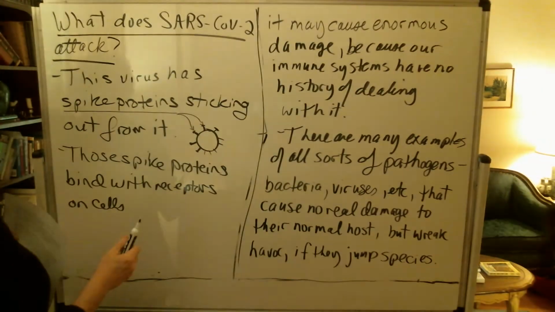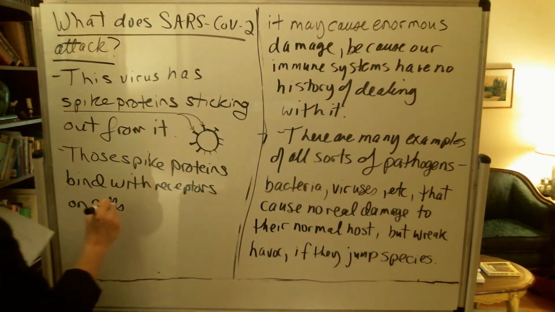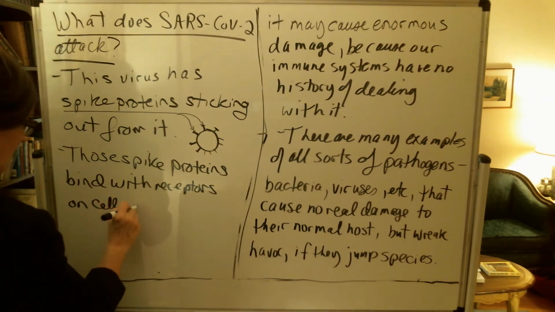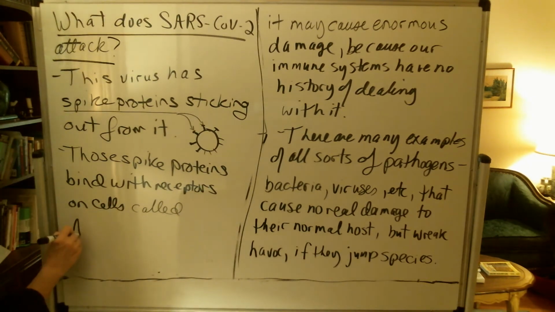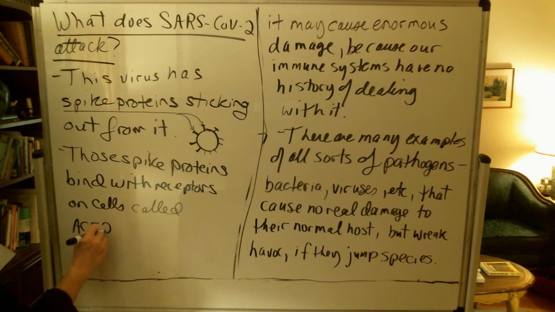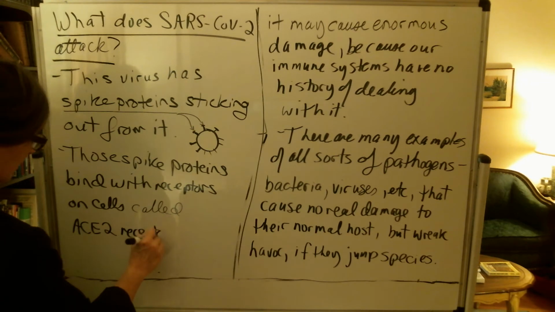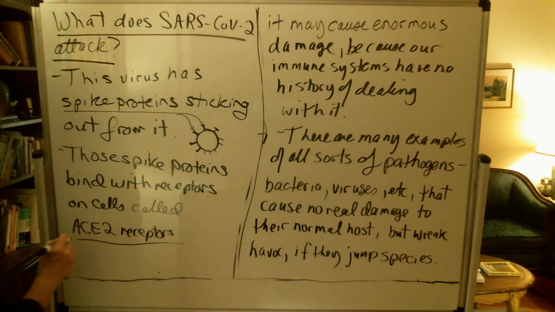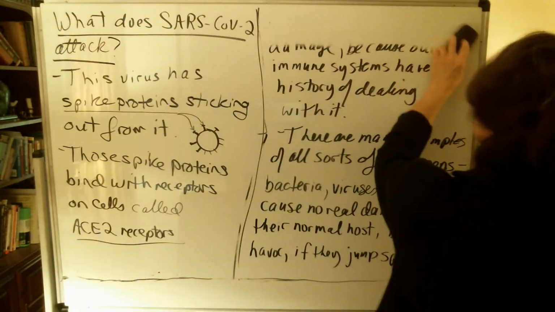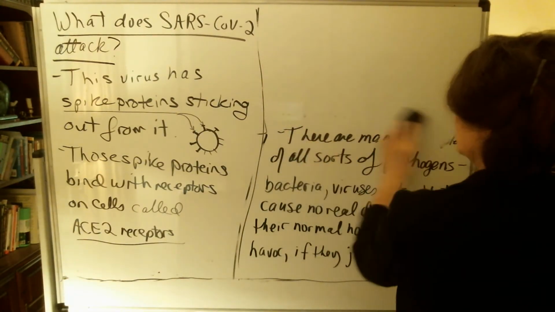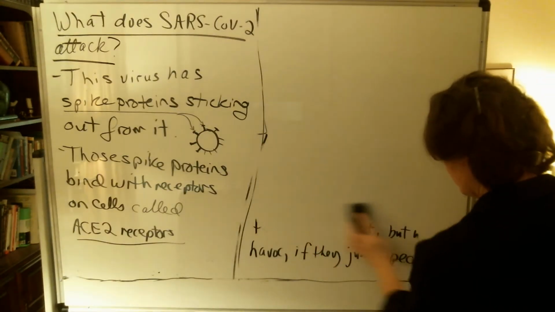So those spike proteins bind with receptors on cells that are called ACE2 receptors. That's the one that everybody knows about. Now, there is actually another receptor that we found out recently SARS-CoV-2 also binds with.